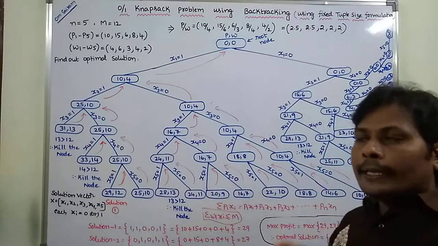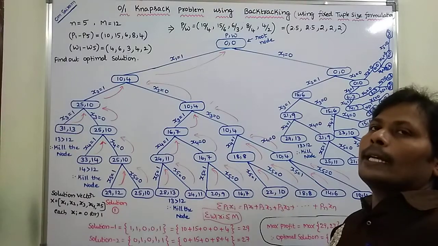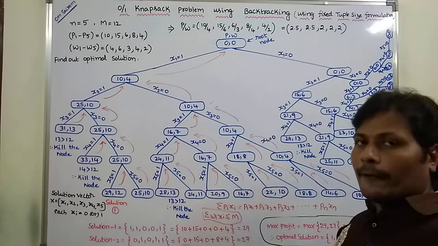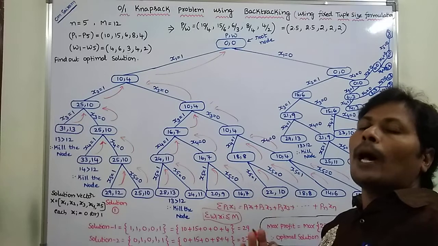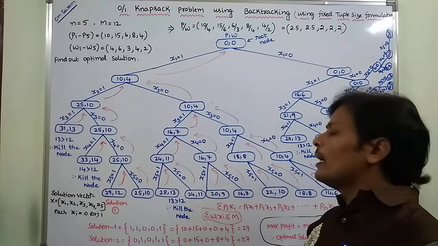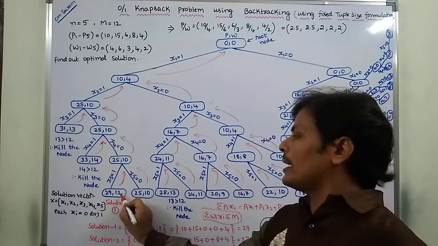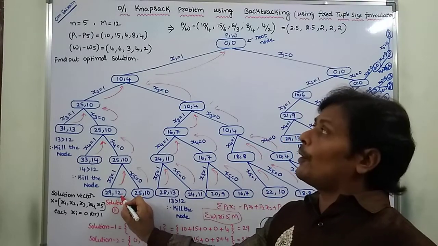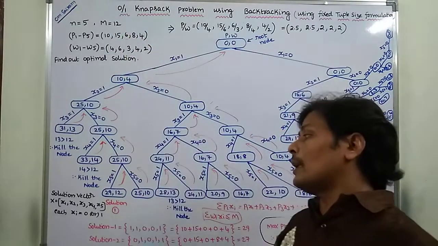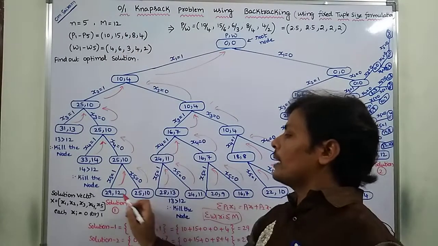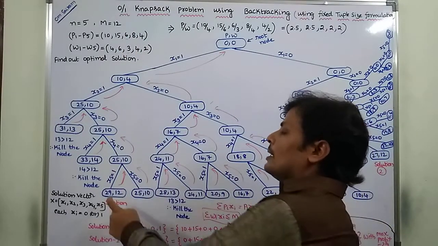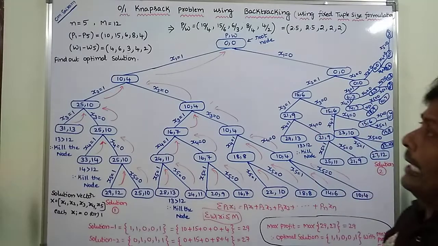Whenever the sum of the weights of the objects that we have considered is equal to the capacity of the knapsack, then this becomes the solution. Here 12 is the sum of the weights of the objects, the capacity is 12, 12 is equal to 12, now it becomes the solution. So this is the profit value, 29.